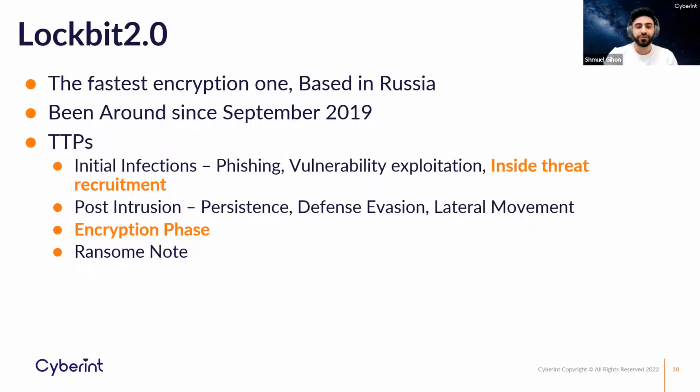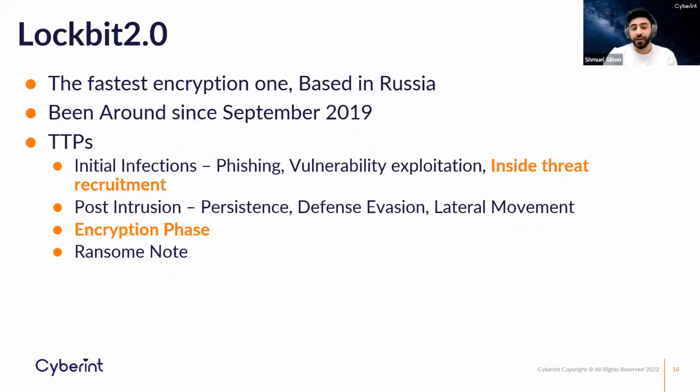When we come to the post-intrusion, yet again, pretty much the same levels: the same persistence, defense evasion, and lateral movement sequence that they all try to do. They have, however, added new features, as they all do, right? They have added lately a new feature of targeting ESXi servers, which means that if you use virtual VMs within your organization, they're looking for these assets also, which is something that they didn't do before.